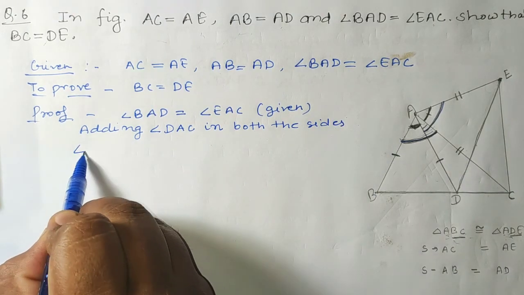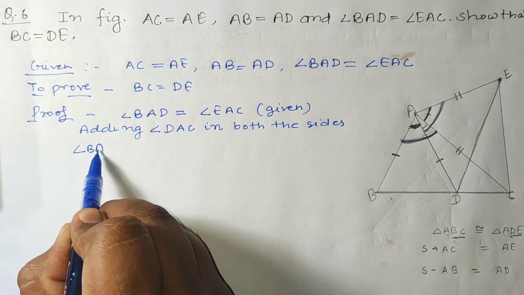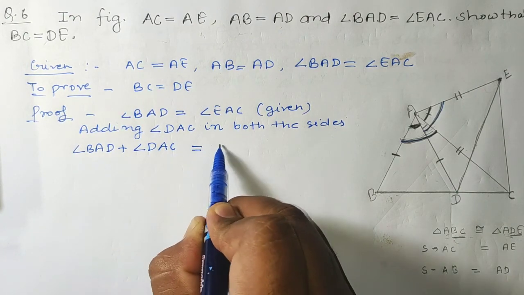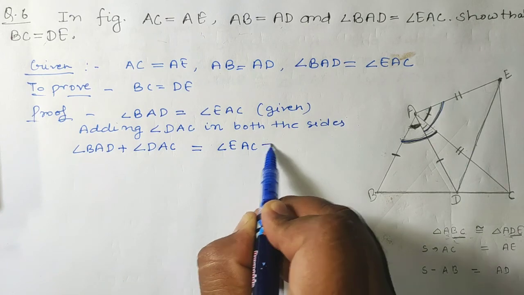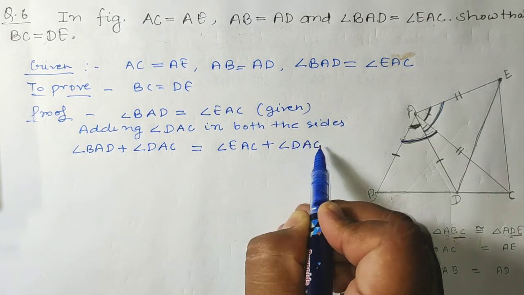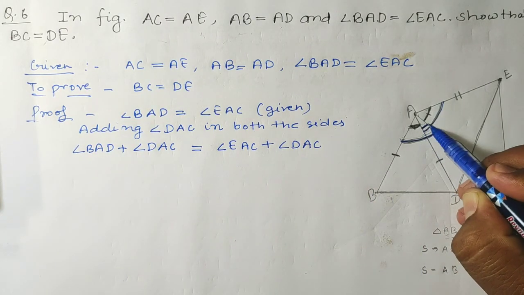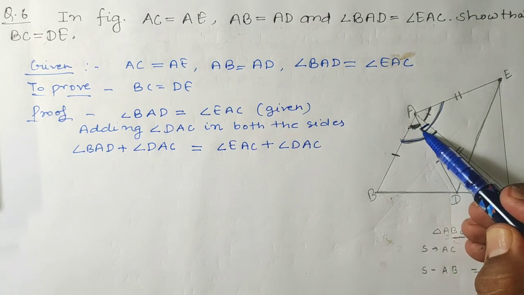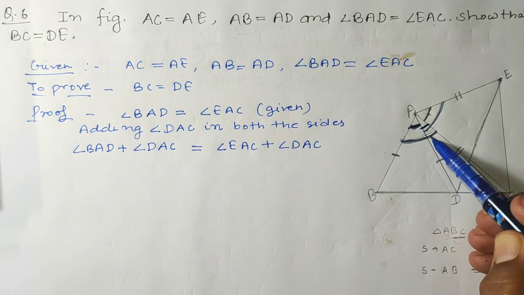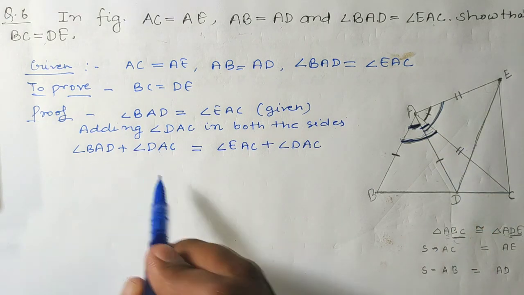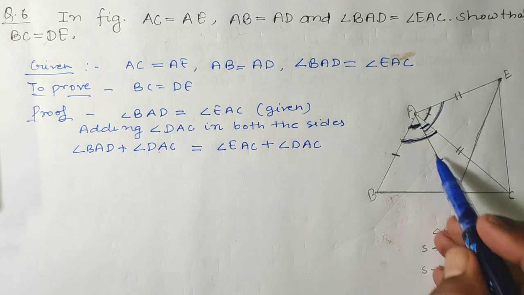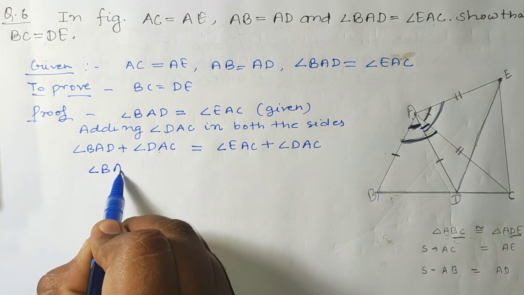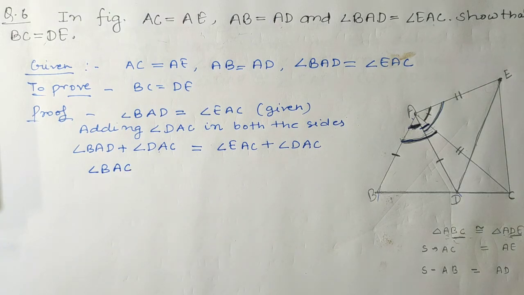Okay, so angle BAD plus angle DAC, and here angle EAC plus angle DAC, means this part I am going to add to both of the angles. So if we add this part to this part, it will become the whole angle. On the left hand side, BAD plus DAC becomes angle BAC.